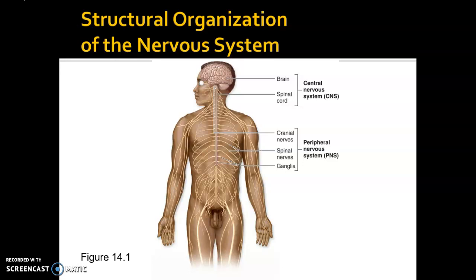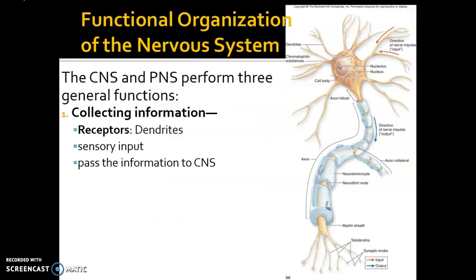Ganglion is singular and ganglia is plural. Therefore, the cranial nerves, spinal nerves, and the ganglia together make up the peripheral nervous system. One more time, you should know what a nerve is, what a ganglion is, what a nucleus is, and what a tract is. Four definitions you must remember.